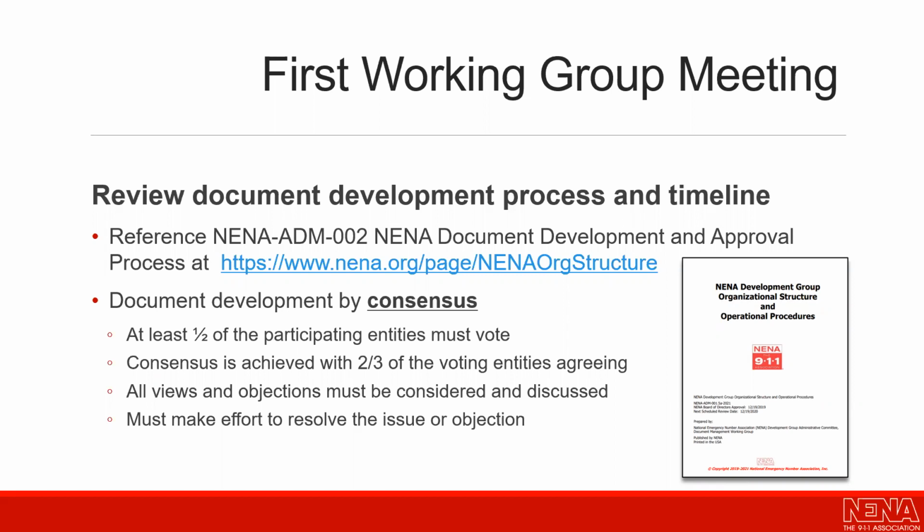It just has to be thoughtfully considered, make sure everyone feels we've really talked about this enough, and then try to resolve that issue or objection. If you really get something that's 50-50 and you're not able to resolve it, the chat box is not formal, it's informal. So you need to do an official ballot to get past something and be able to move forward on the document.